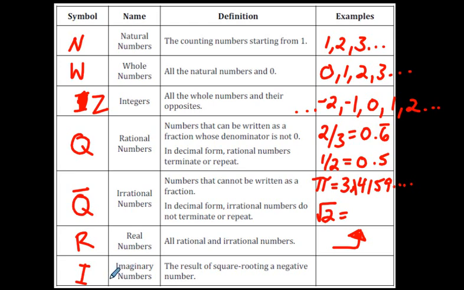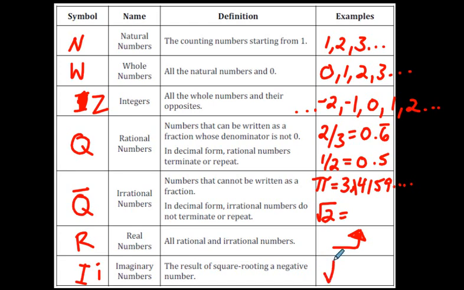Just for your information. I've seen them like this often too, with a little i. But anyway, an imaginary number is the result of square rooting a negative number.